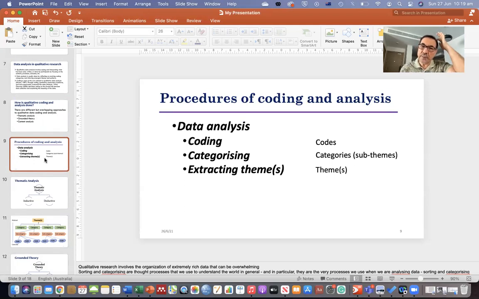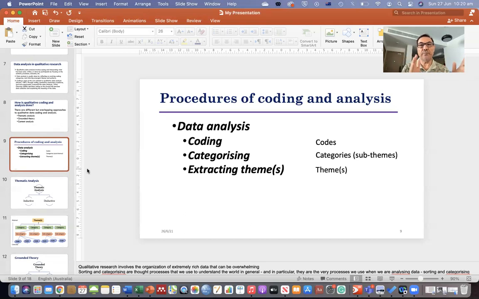When we talk about qualitative data analysis, researchers usually think about three levels of analysis. These include coding, which is the basic step, and then after the coding is done, merging and categorizing codes into categories.